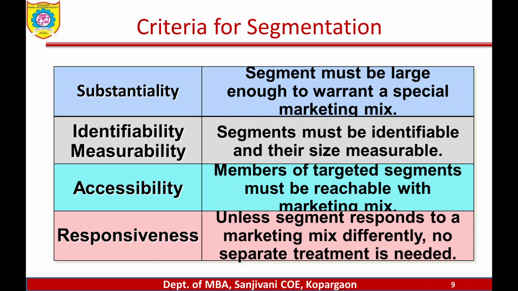And the last one is responsiveness. Unless the segment responds to a marketing mix differently, no separate treatment is needed. Like in the first case, we saw the loose sugar and the branded sugar by Madhur. Maybe in the Indian market, consumers are not responsive to branded sugar, and that's why they still go to the traditional sugar rather than paying the increased cost of branding.